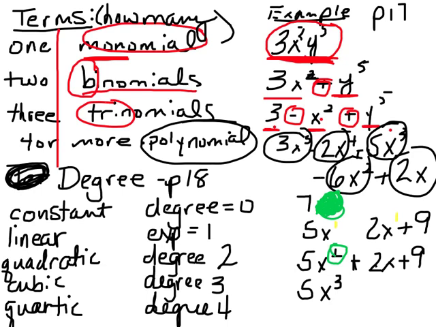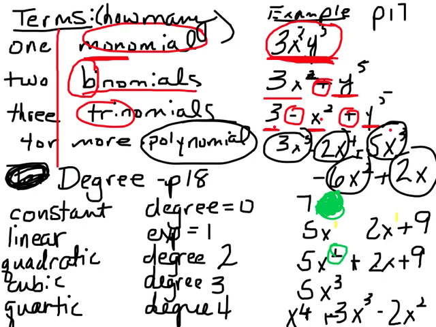Quartic, like a quarter, except with IC on the end instead of ER. So that might be like x to the 4th plus 3x cubed minus 2x squared. It doesn't really matter about all the other stuff. Yeah, the largest one has to be a 4th. And that's all that matters there.